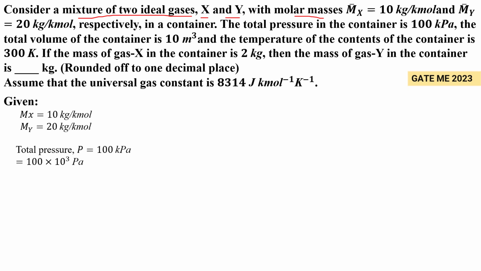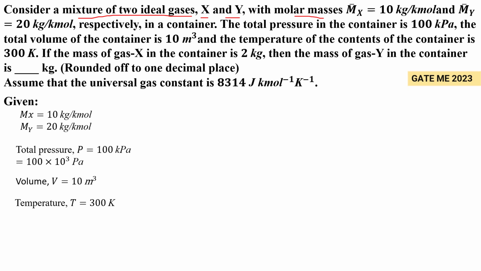Also given, the total volume of the container is 10 meter cube. So volume capital V equal to 10 meter cube, and temperature of the contents of the container is 300 Kelvin. So temperature capital T equal to 300 Kelvin.